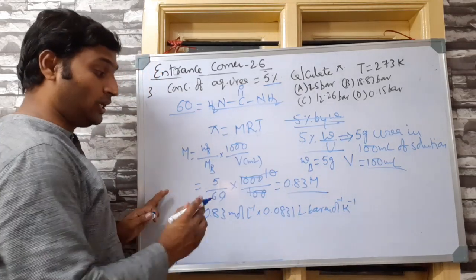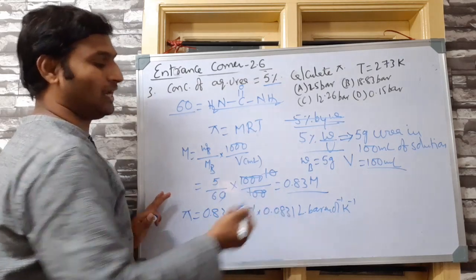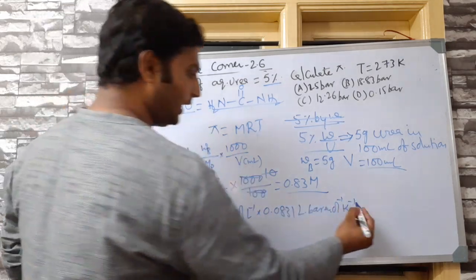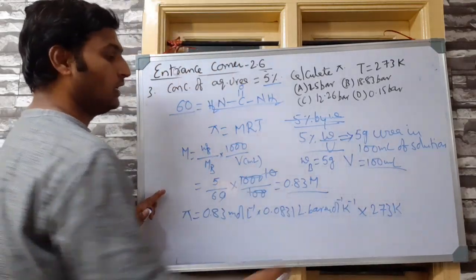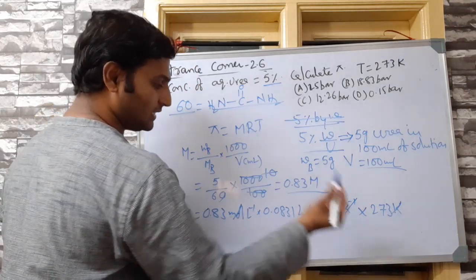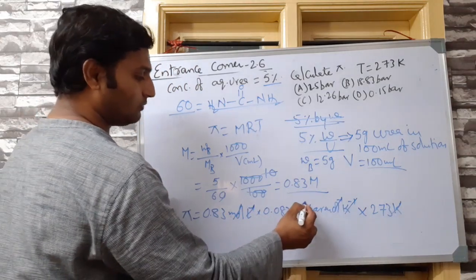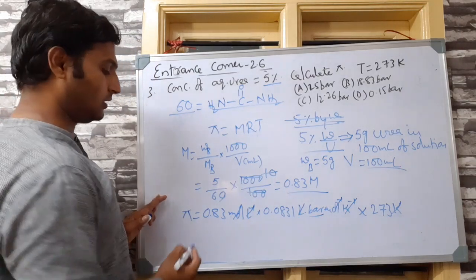These are the units of R in terms of bar. If it were atmosphere, I would have taken 0.0821, into temperature 273 Kelvin. Kelvin inverse gets cancelled, mole inverse gets cancelled, liter inverse gets cancelled. You will end up with the answer in bar. That's how it is going to be.